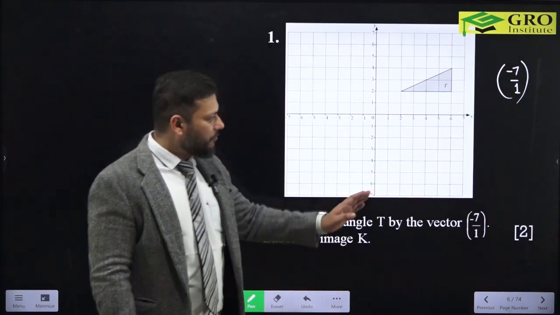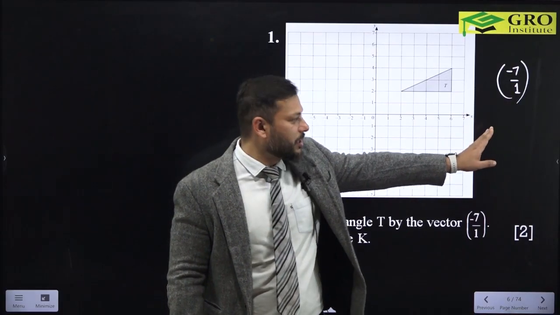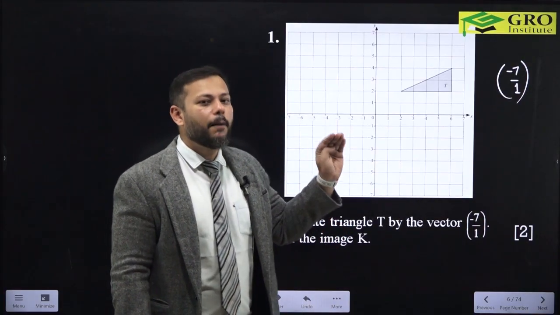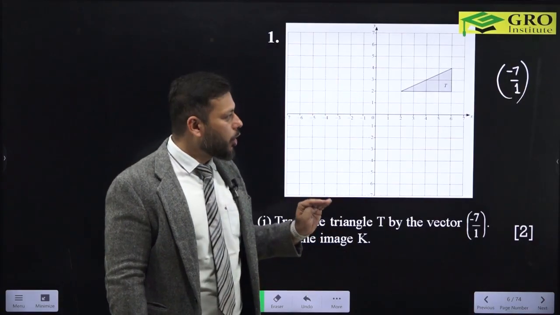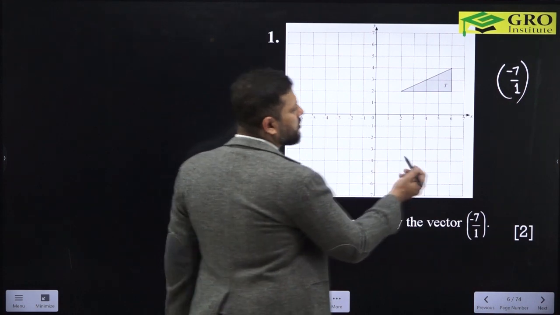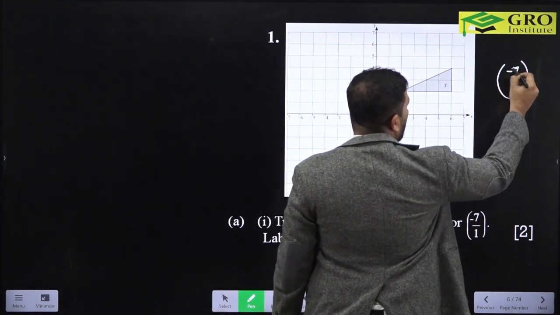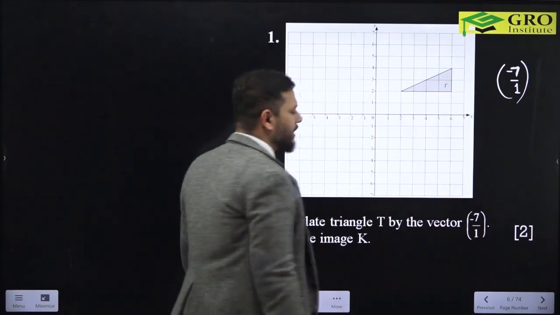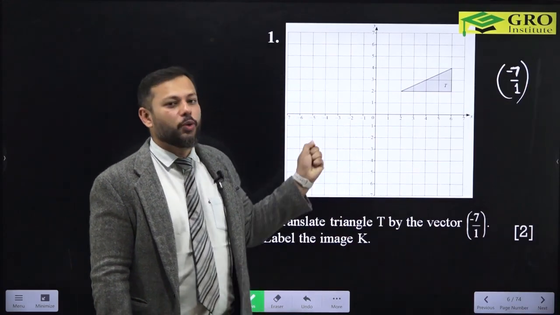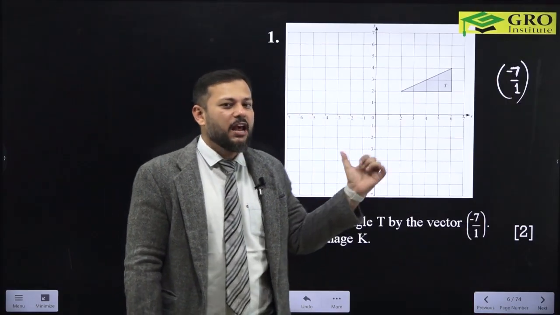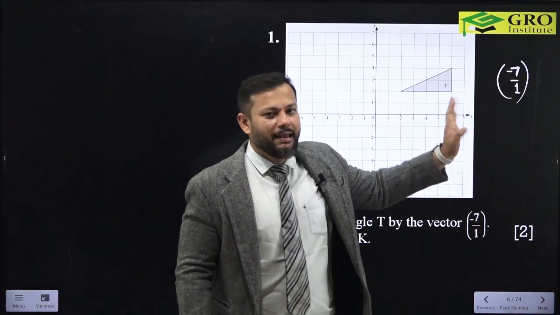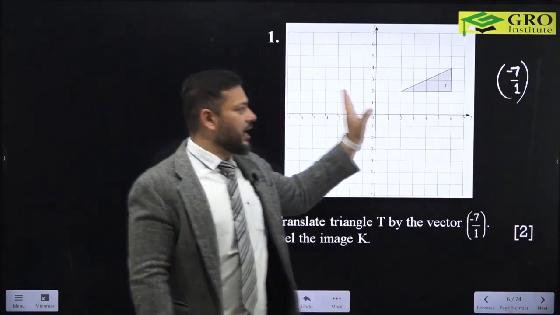The number in the denominator, that is 1, represents the movement of the triangle either up or down, that means along the y-axis. So how could we know whether I need to move this triangle left or right? I am given this -7. 7 tells me that this needs to be shifted 7 units. But in which direction, left or right? You're correct. If it's a negative sign, it tells us that we need to go in the left direction.